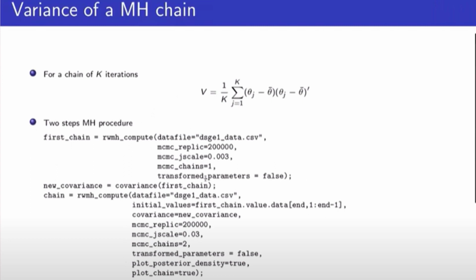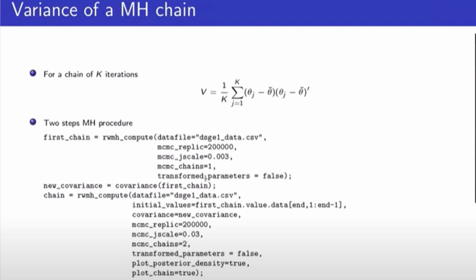For each value of theta, we remove the overall mean in the chain and we take the outer product of the vector. We sum them together and we divide by k, which is the number of iterations in the chain. In Dynare, you can compute this formula simply by using the covariance of the first chain, which I call the first chain as a result of the RWMH function.